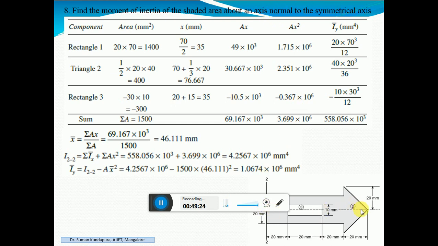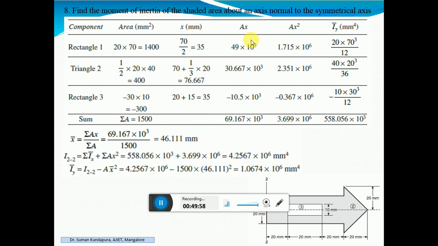The symmetrical axis is the x axis here, whereas we want the moment of inertia about 2, 2. So it is in the y direction, that is why Iy bar. We know the formulas: db cube by 12 for the rectangle and db cube by 36 for the triangle. So sum up all the moments of inertia.